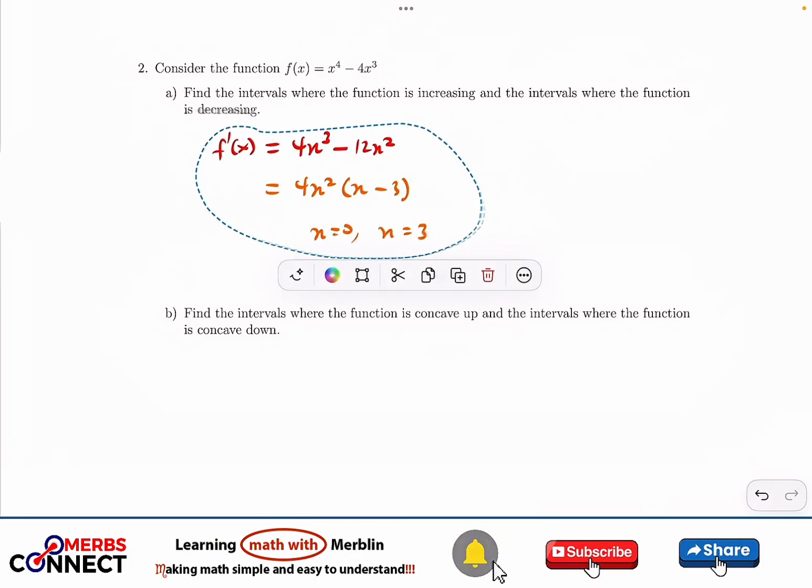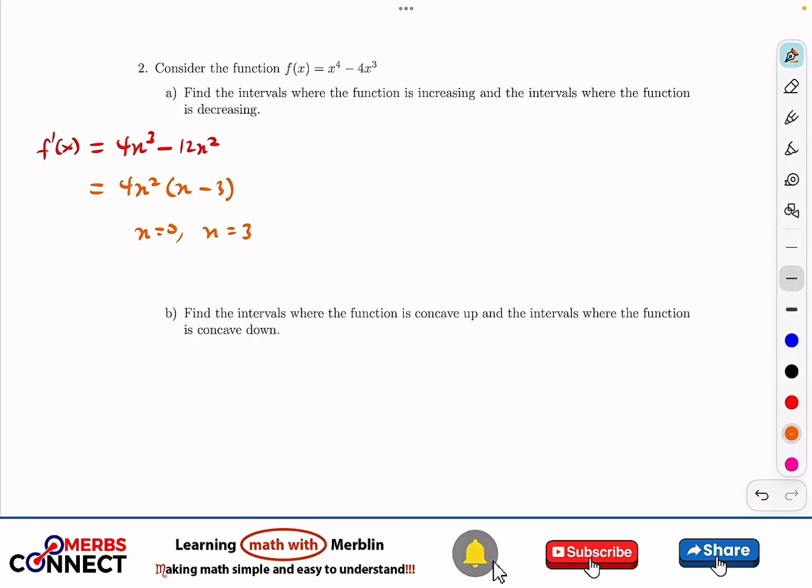Now that we have our critical points, we can just put them on the number line so that we can find our increasing and decreasing intervals. Don't forget here we use the f prime, and then we use the critical points with f prime. So this is going to be 4.